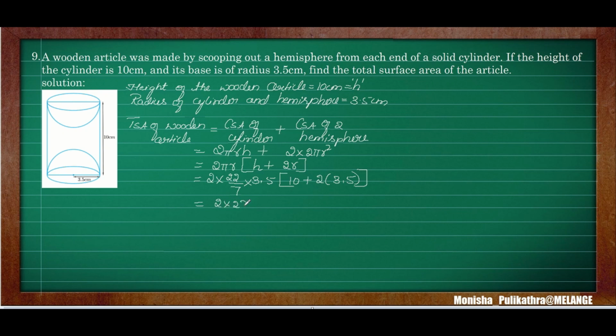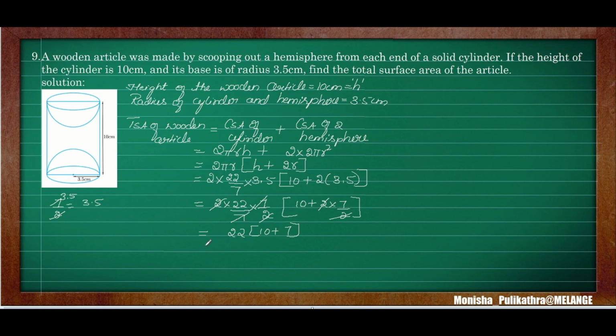So 2 into 22 by 7 into 3.5 can be written as 7 by 2. Okay, 7 by 2 is also equal to 3.5. Into 10 plus 2 into 3.5, which can be written as 7. Okay, here 2 gets cancelled, here 7 and 2 get cancelled. So the remaining is 22 into 10 plus 7. So next, 22 into 17.